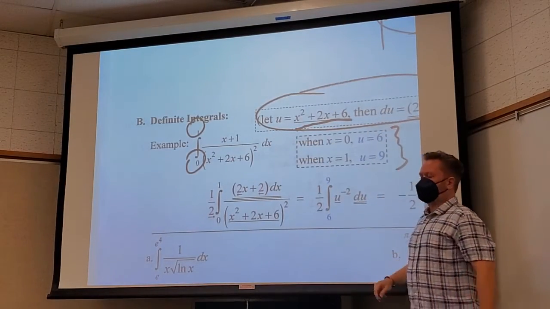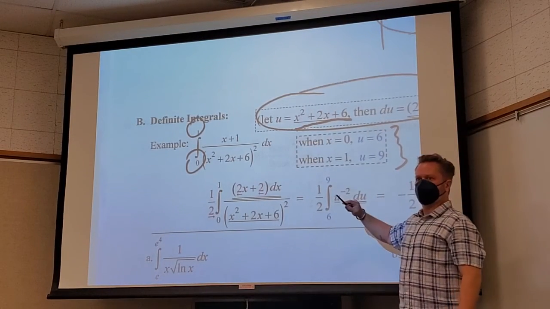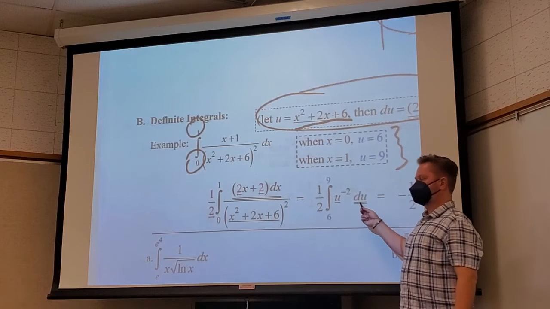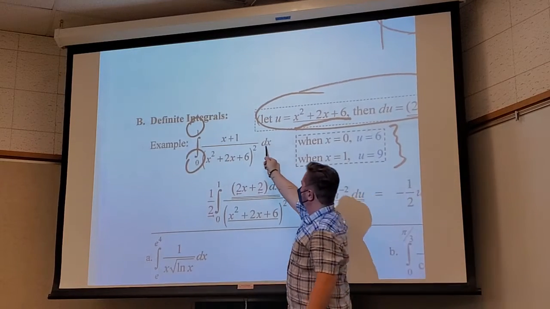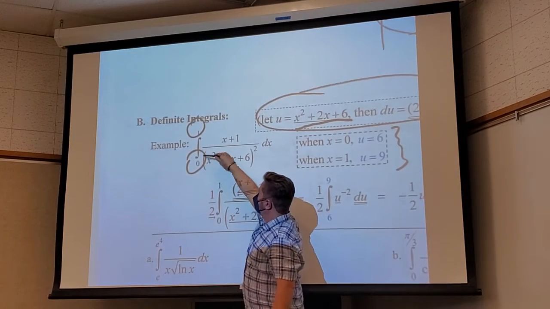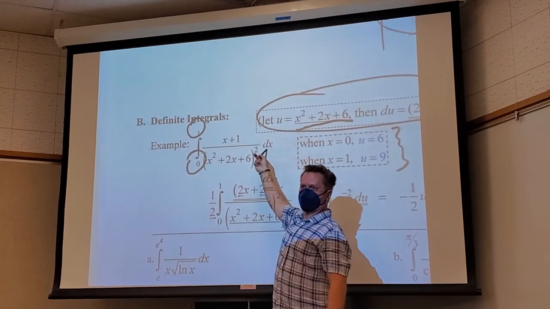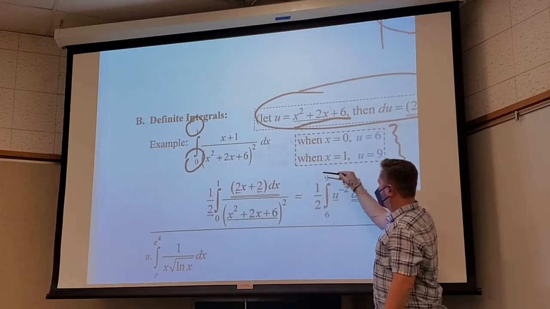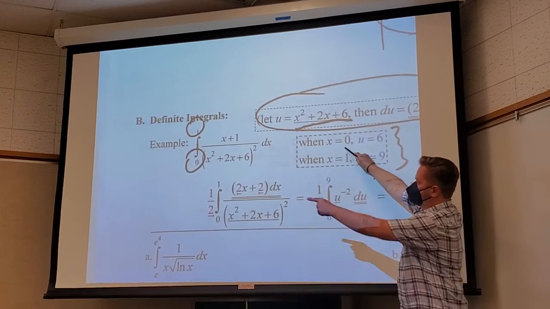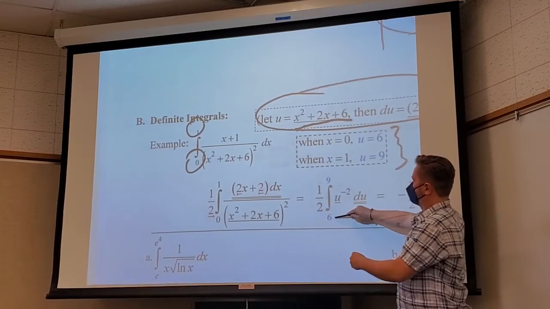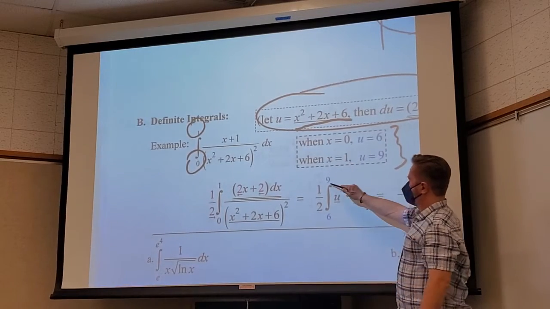No. So what do I need this to represent? What u is doing, right? So here, that goes with these. 0 to 1 is the change in x. These have to be what u is doing. So that's what this work is right here. When x is 0, u is 6. When x is 1, u is 9.